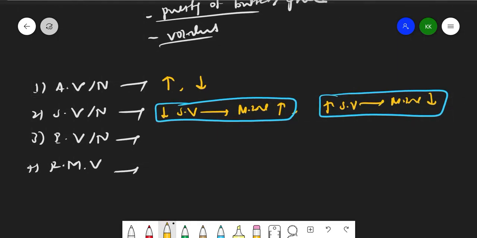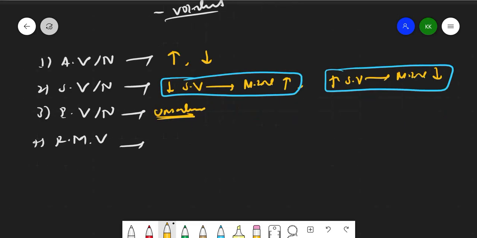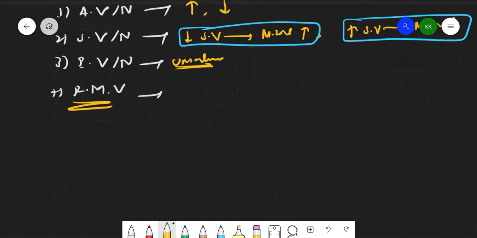And iodine value we use to see unsaturation. The greater the iodine value, the greater the unsaturation; the lesser the iodine value, the lesser the unsaturation, right? And RM value, I have told, we use to see purity. Also, one more thing about iodine value I forgot to tell.